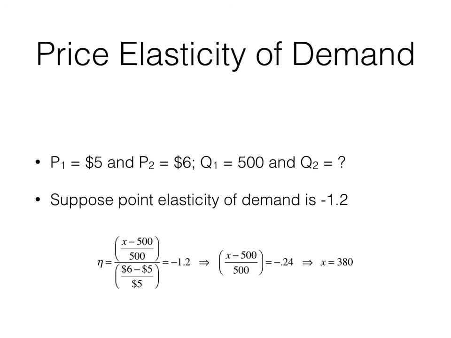Multiply minus 1.2 by 0.2, that gives us minus 0.24. And now we can solve for x, and we can find that the people crossing the bridge will decrease from 500 to 380 as the price goes from $5 to $6 per bridge.